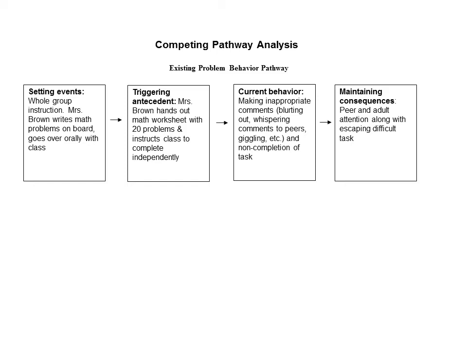She hands out 20 problem sheets, and the expectation is that the students complete the task. The setting in which this occurs is whole group instruction or whole class instruction. She puts problems on the board and she goes over them orally. And we believe in our hypothesis that the maintaining consequence is peer and adult attention along with escaping the task.